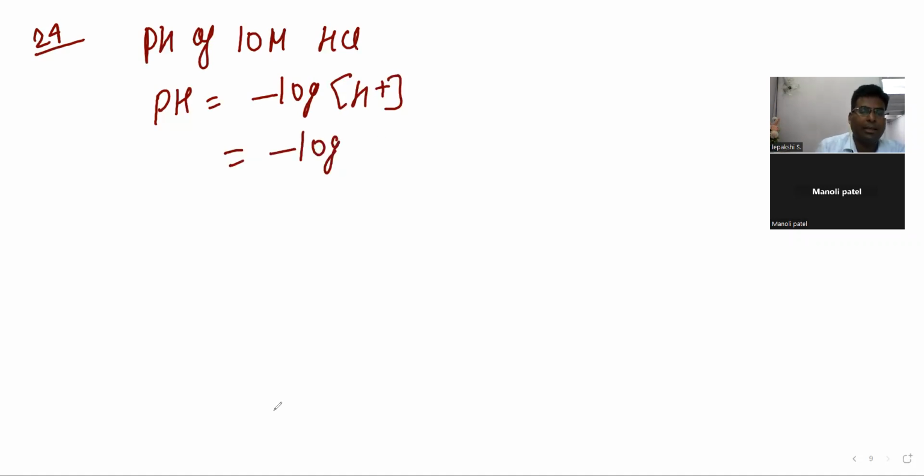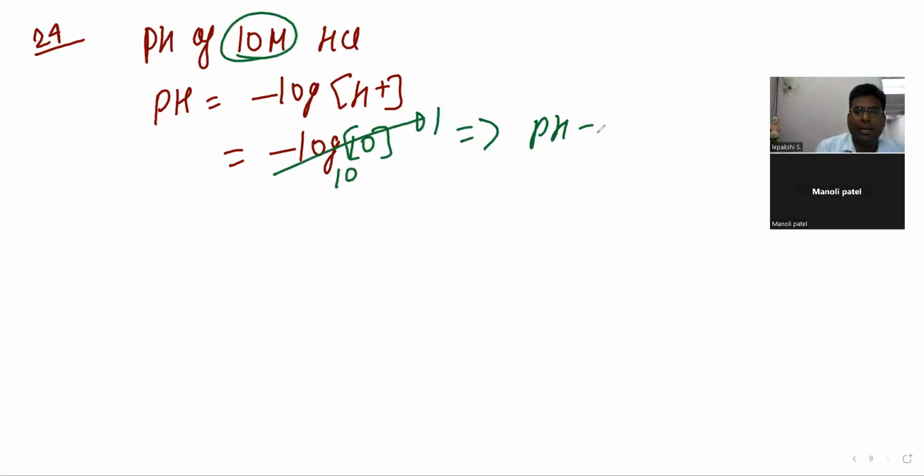The concentration is given, that is 10, so put 10 here, and the base is also 10. So log to the base 10 of 10 is 1. So pH we are getting as minus 1, which is less than 0. That will be the answer for 24, less than 0. It was asked in 1995, so please write it down.